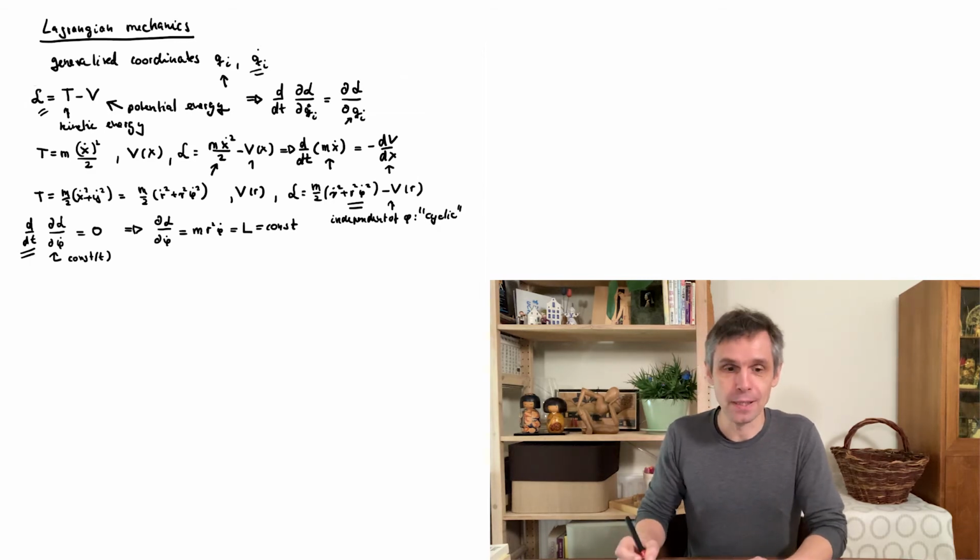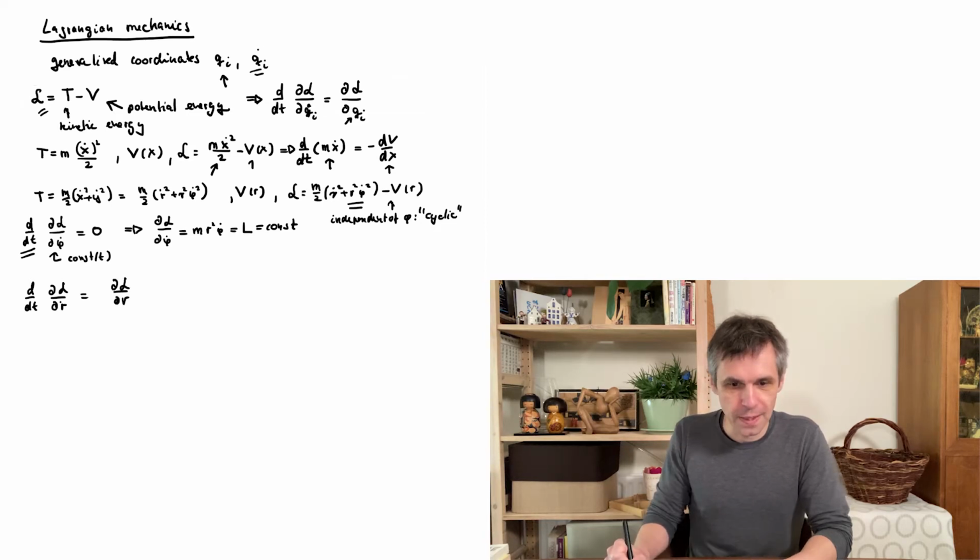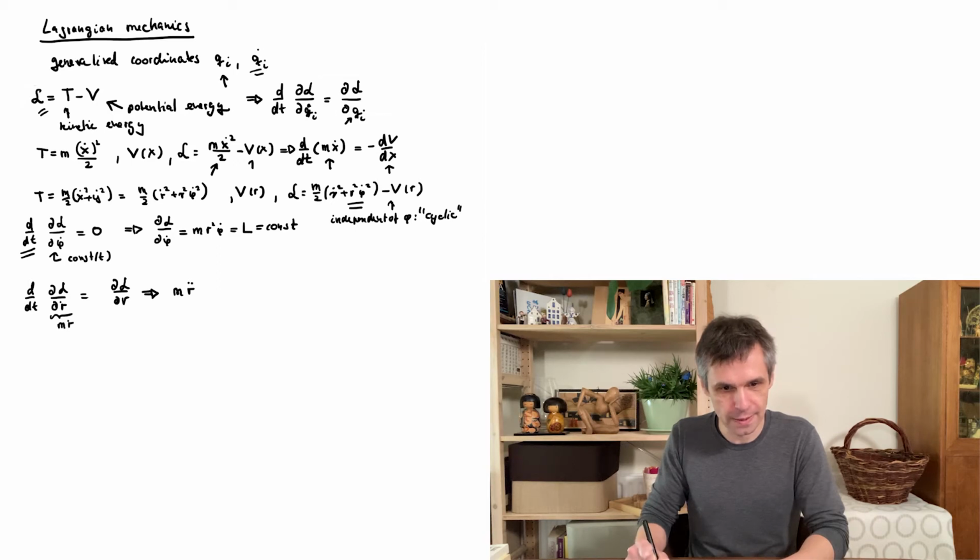And secondly, when we now look at the equation for the radial distance, then we have to evaluate the following equation. Now on the left hand side, this simply gives us r double dot. So first we get r dot, and then we take another derivative with respect to time.